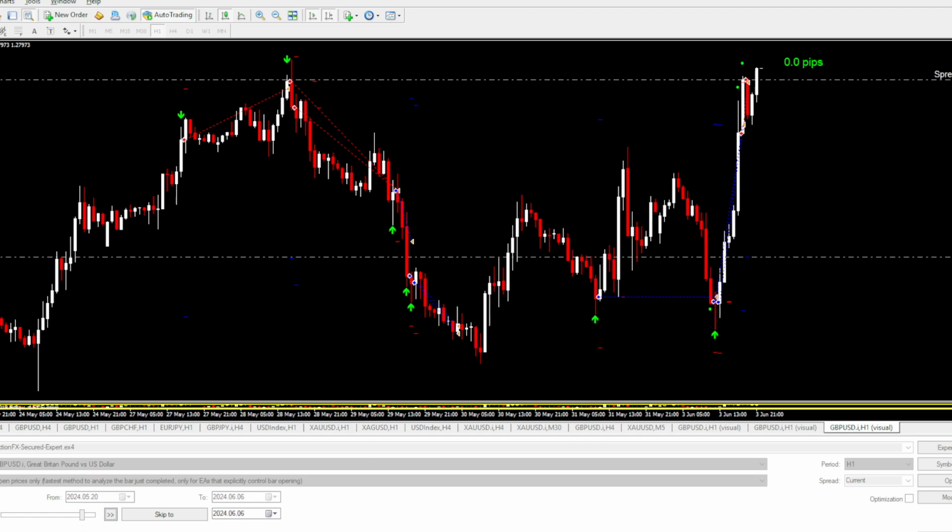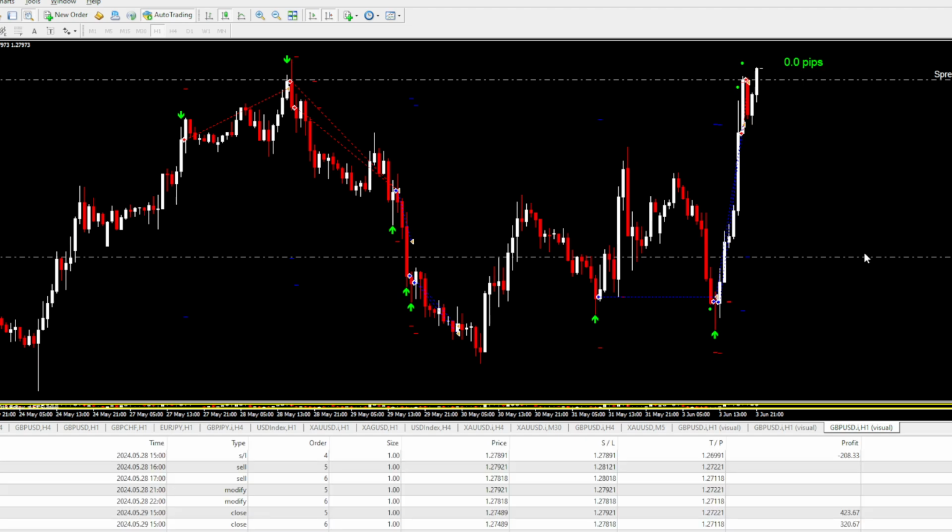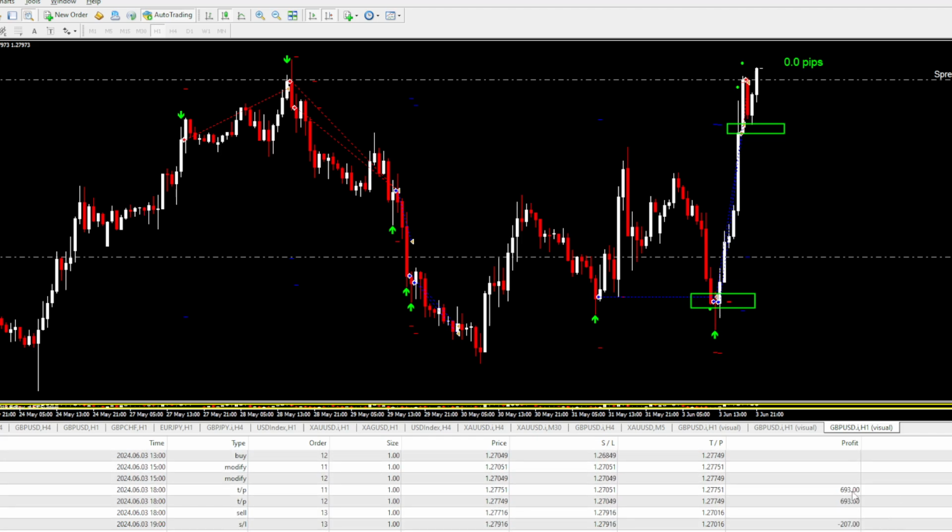So let's pause. We have a buy position here, enter the buy position, and we exit the position here. That's almost 600, almost 693 profit. We are using one lot size.